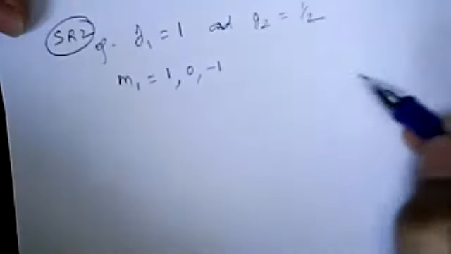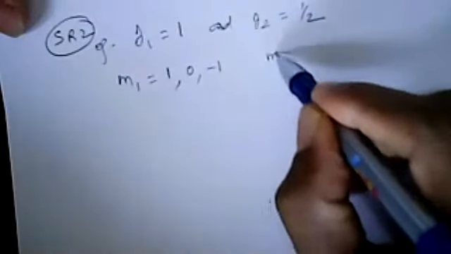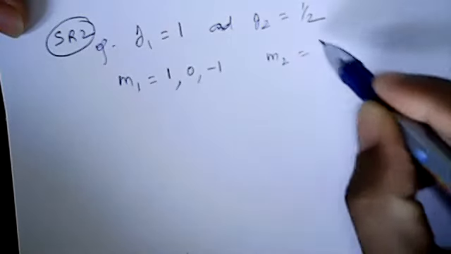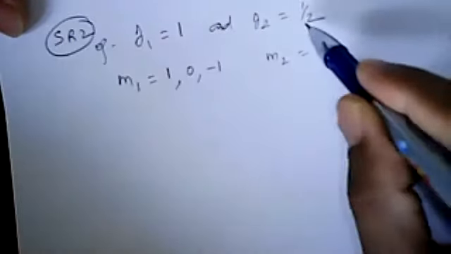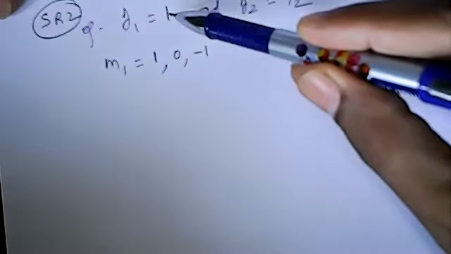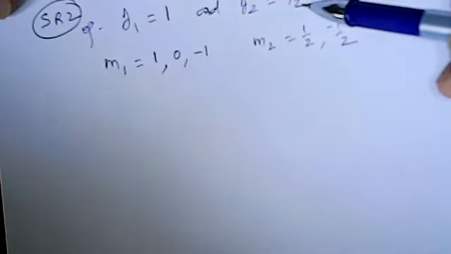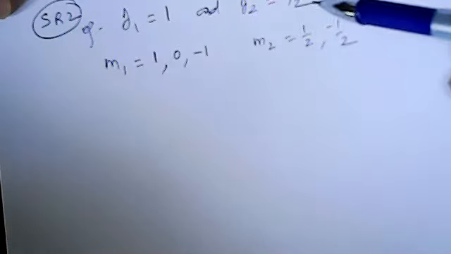Similarly, J2 equal to half, so that M2 equal to plus half, minus half. I think this is clear. J1 equal to 1, M1 equal to 1, 0, minus 1, 3 values. J2 equal to half, so 2J2 plus 1, that is 2 values, starting from minus J to plus J, differing by unity. So half and minus half.